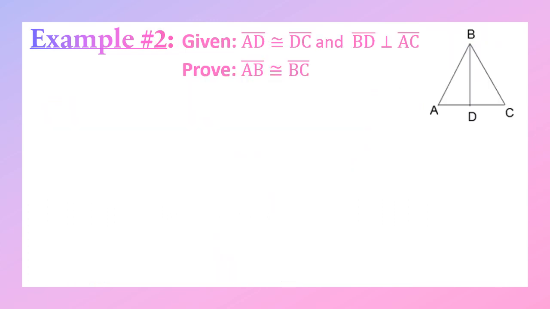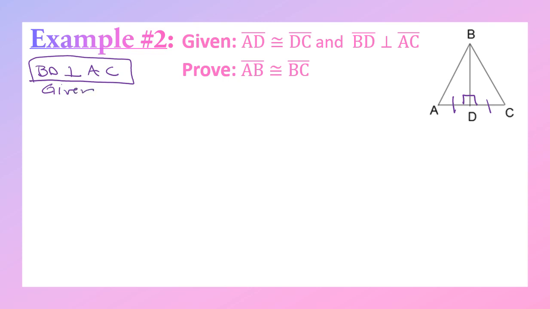All right, so next problem. We are given that AD and DC are congruent, and we're also given that BD is perpendicular to AC. Looking at my statements, I'm going to write the second statement first just to be different. BD is perpendicular to AC. I know that is given.